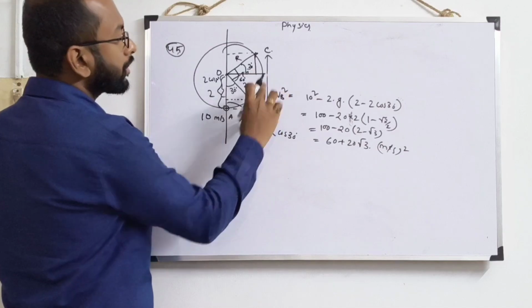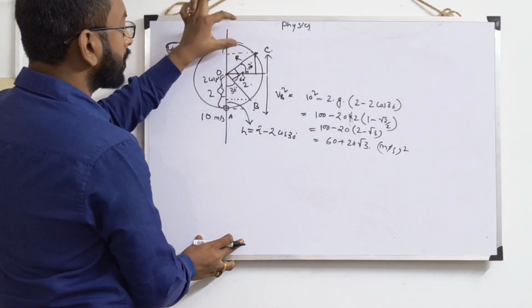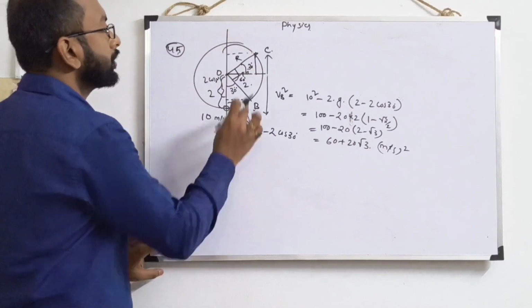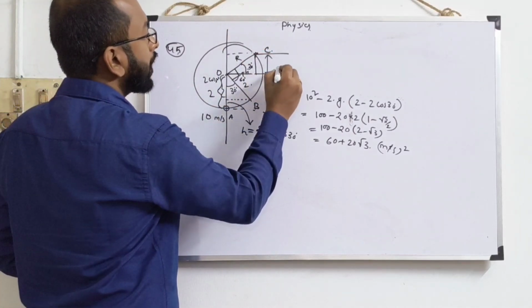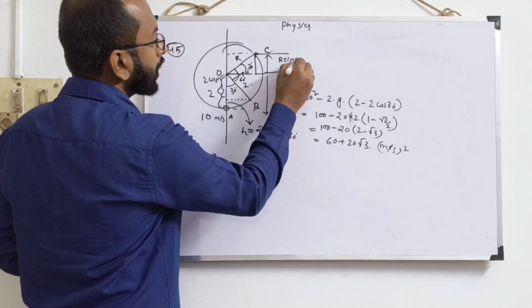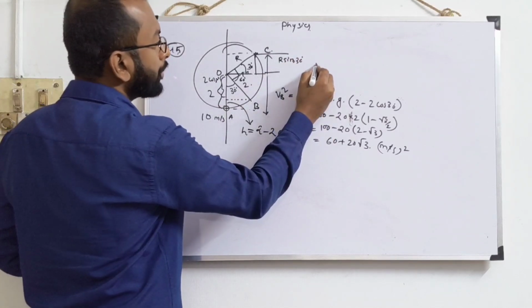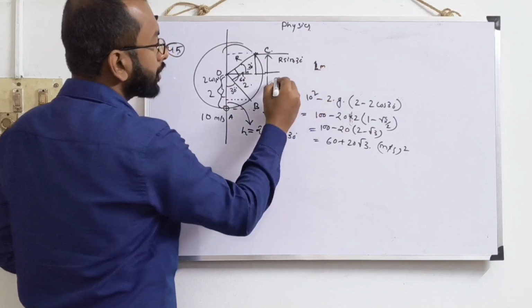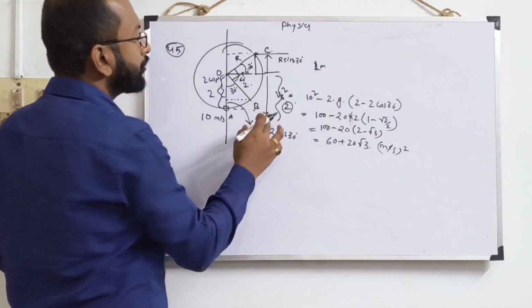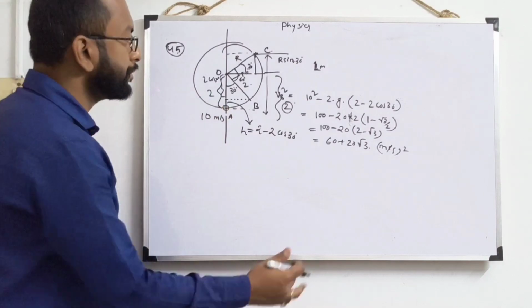This is R, this is R, this is R sine 30. R sine 30, we can write R by 2, R is 2, so it is 1 meter. This entire thing is 2 meter. So the vertical distance of point C from the bottommost point is 3 meter.